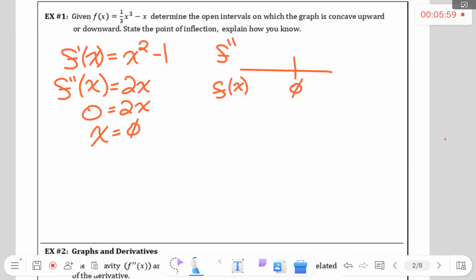Negative 1, negative 2, doesn't matter. What does it give me? A negative number. I'm going to slow down a second; I feel like I was speeding up a bit too fast. That's plugging it into the second derivative. If I plug in negative 1, what's negative 1 times 2? Negative 2, so it gives me a negative number.